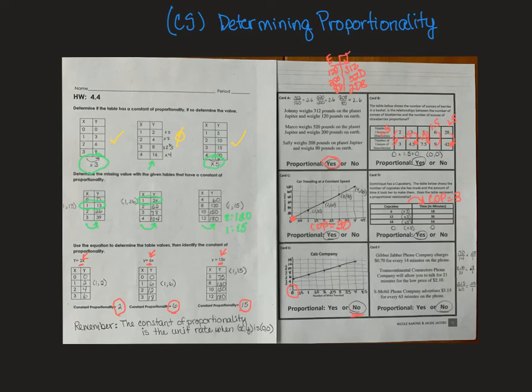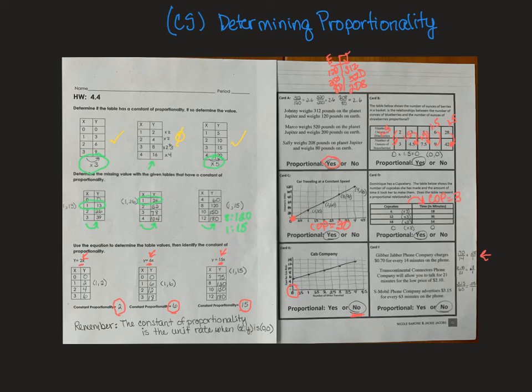On the last one, card F, I'm doing the same thing I did in card A. I'm saying the company charges 70 cents for every 14 minutes. Okay, and you can see on the side here that I have determined that per minute it is 5 cents.